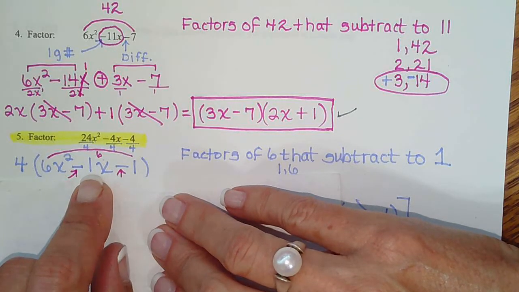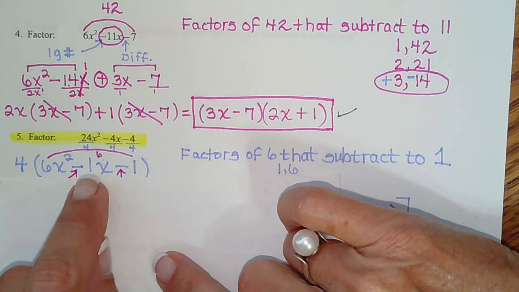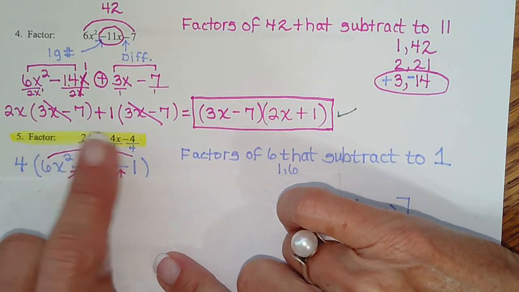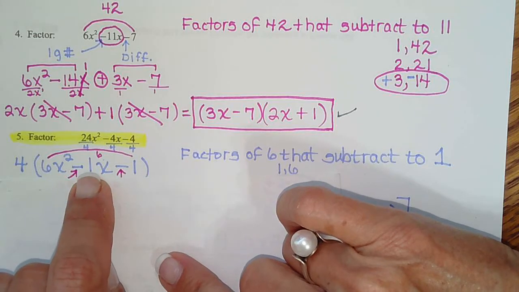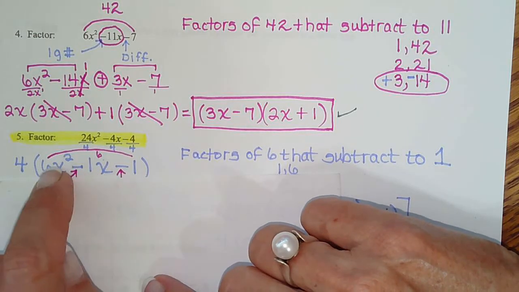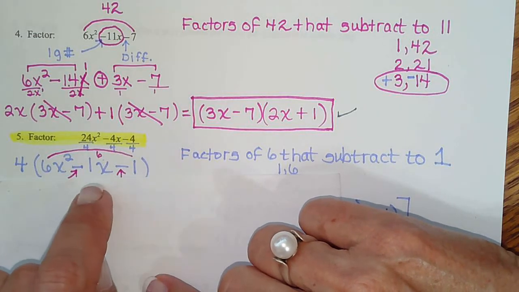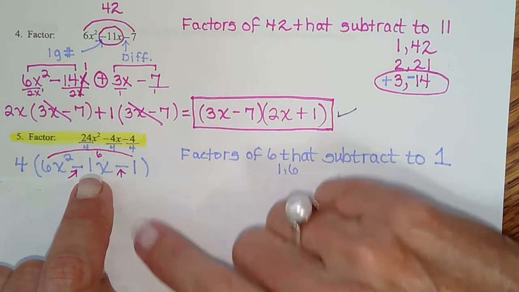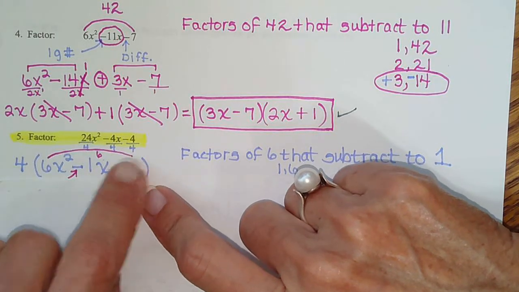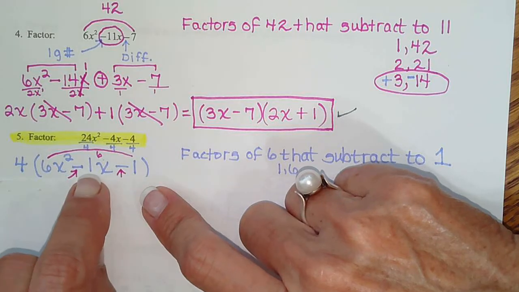I don't on an answer, but on this I do, because we're going to be saying factors of 6 that subtract to 1. Students that don't have the 1 in there do factors of 6 that subtract to x. There are no factors of 6 that subtract to x. You can't get an x when you subtract numbers. So you should be saying factors of 6 that subtract to 1.